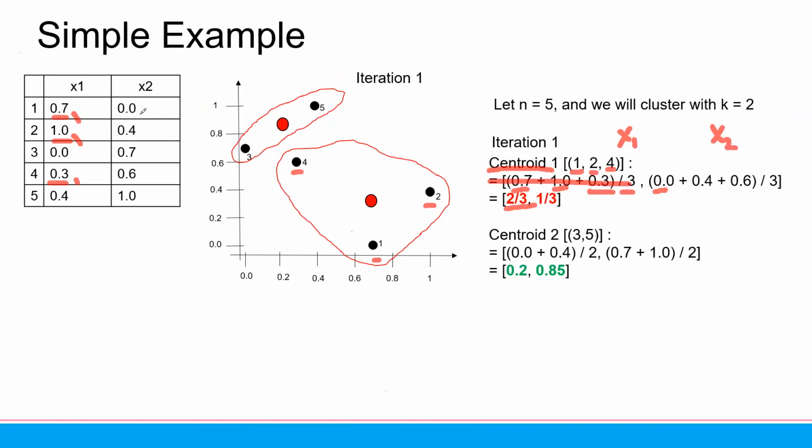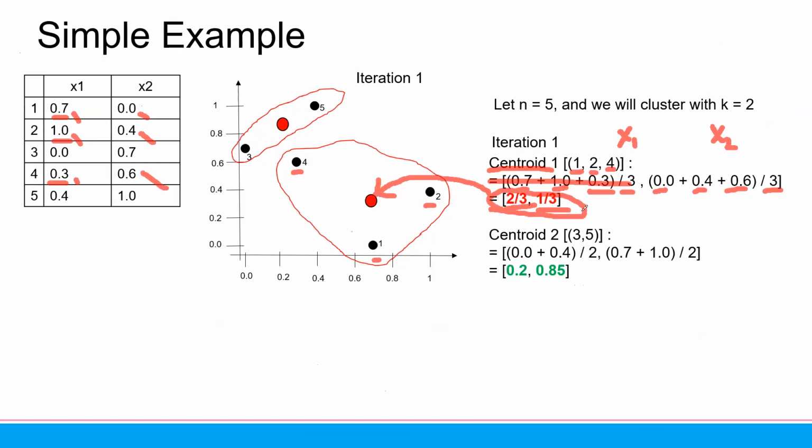Object 1 is 0, plus 0.4, plus 0.6. Because we have 3 objects, we divide by 3, and the result is 1 over 3. We call this the centroid of cluster 1.